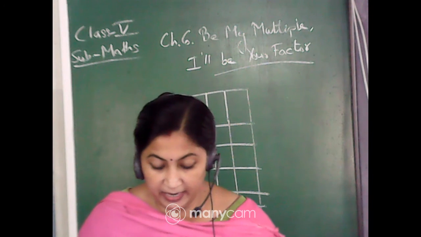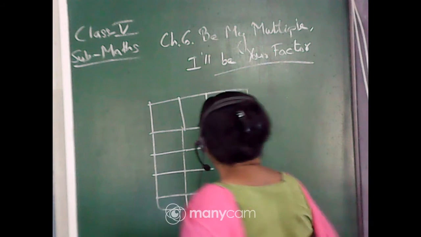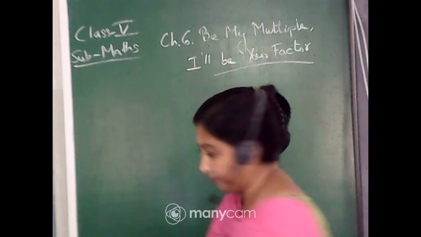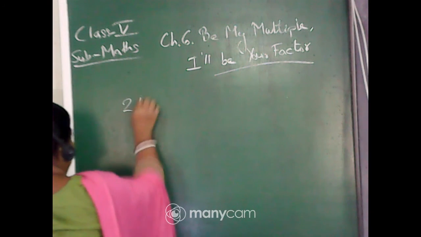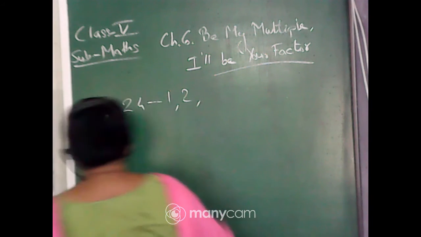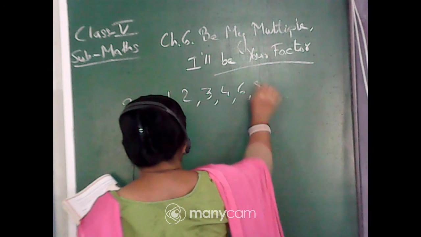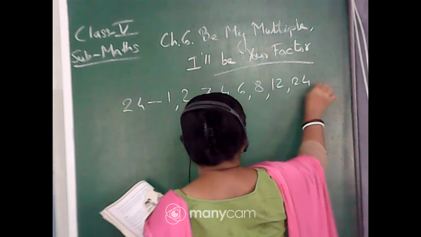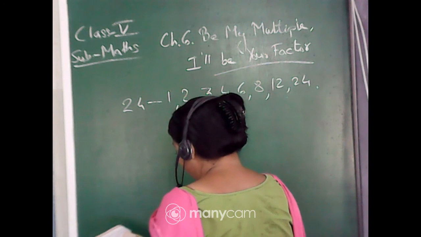Write it down quickly. 24 comes in the tables of first of all 1, then 2, 3, 4, 6, 8, 12 and 24, isn't it? Any more? Okay, write in the book.